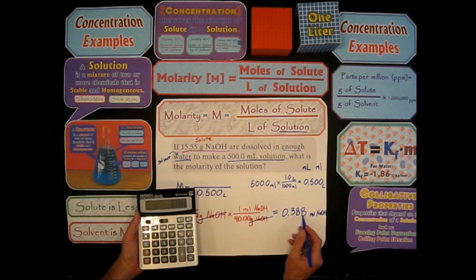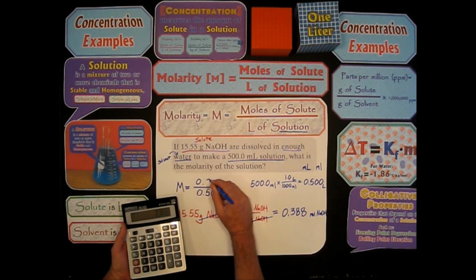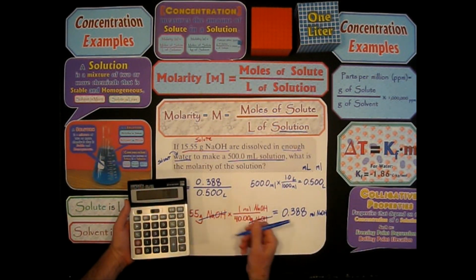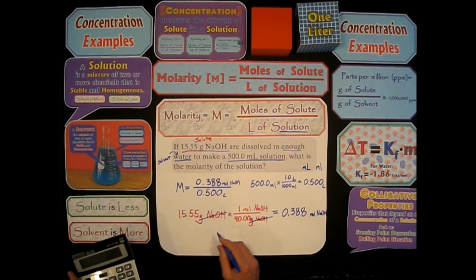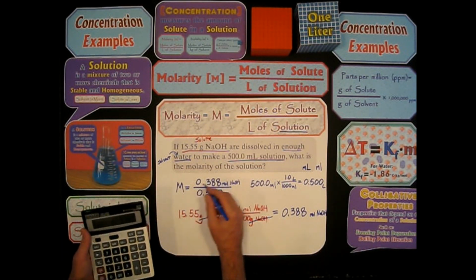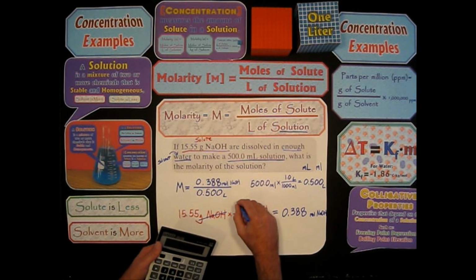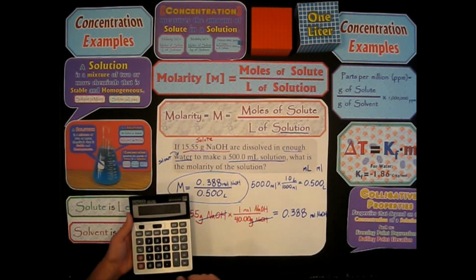So I'm going to keep all those digits right now, and I'm going to put them right here, and maybe I'll round it when I get to my answer. And then, of course, that's moles, and it's NaOH. So now, if I want to solve this, I don't have room to write it over here. Let me just put a circle around this one, and then I'll put my answer down below here.